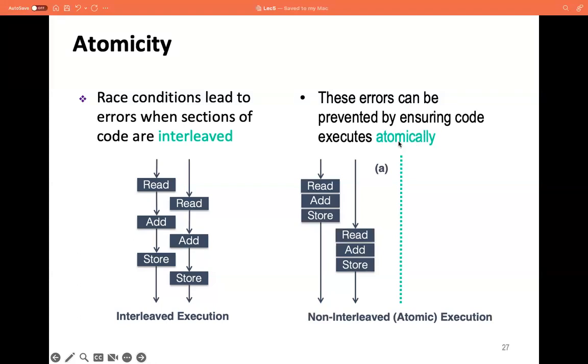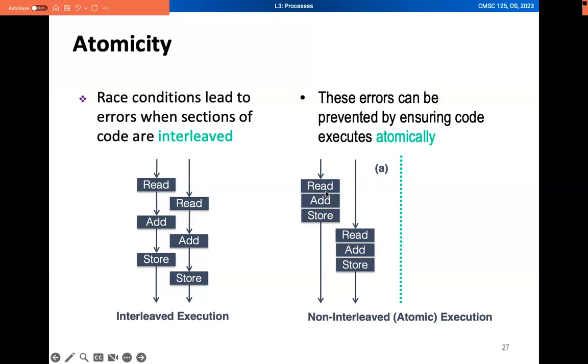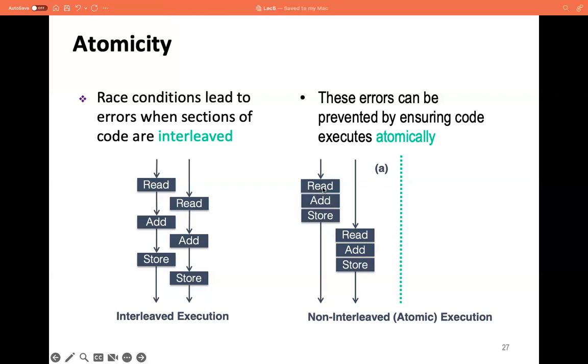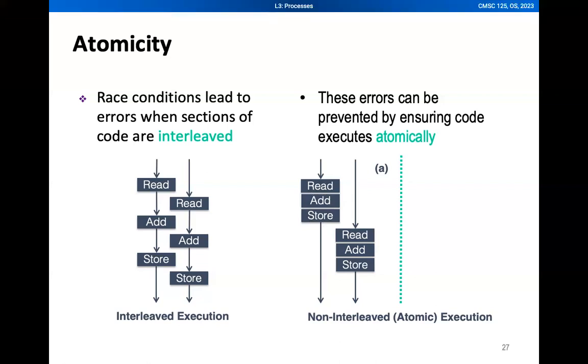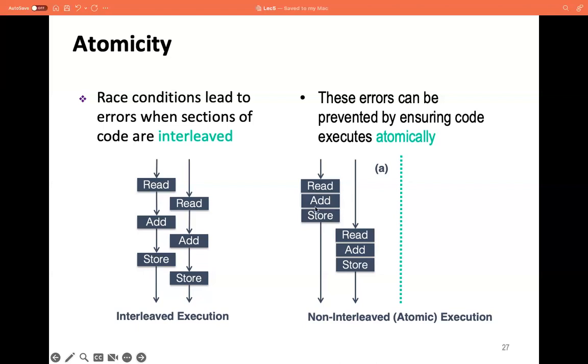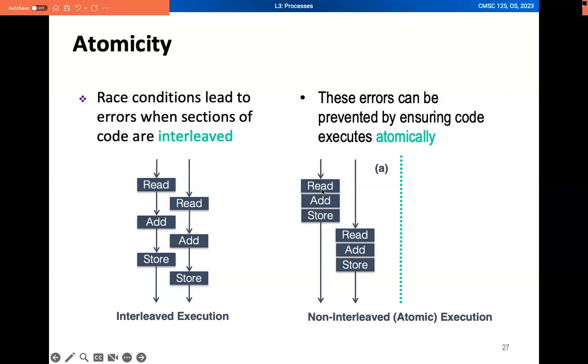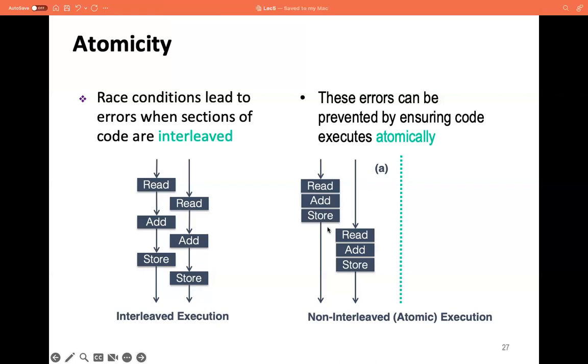In other words, you are executing these lines of code like a single, indivisible unit. So you context switch after these lines of code are done executing. Okay, so read, add, store, and only then do you context switch, and then read, add, store, etc.